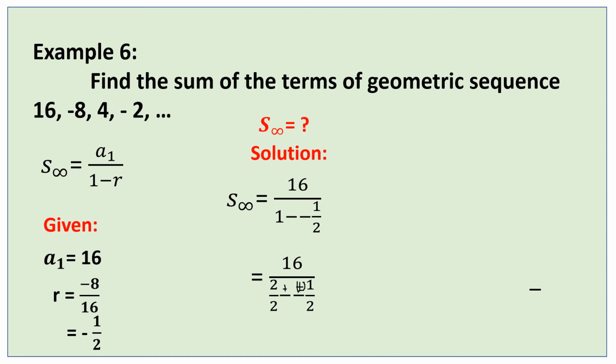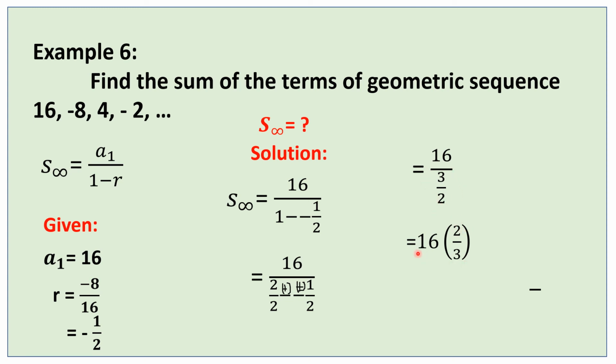So, kapag inadd natin yung 2 plus positive 1, yung denominator natin will become 3 over 2. So, copy lang yung 2 denominator. So, magiging siyang 16 all over 3 over 2. And then, kapag nagdi-divide ng fraction, we need to get the reciprocal of the denominator. So, kukunin natin yung reciprocal ni 3 over 2, which is 2 over 3.